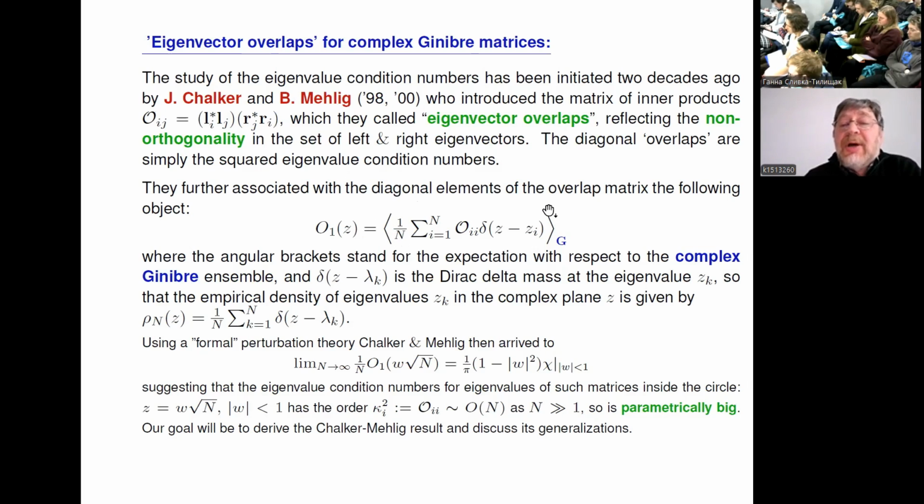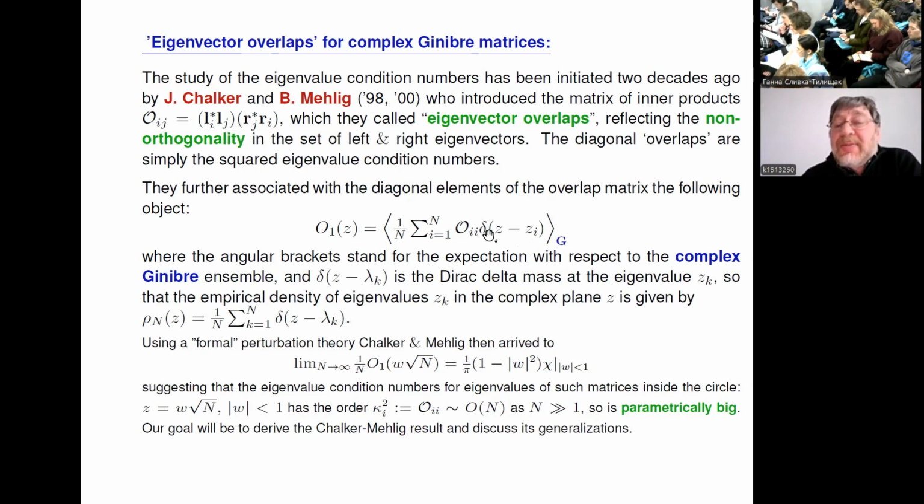In my lectures, I will use the following notation for taking expectation with respect to the complex Ginibre ensemble. I will use these brackets. So if you see brackets, it just means averaging over the complex Ginibre measure. And now the object of interest is basically a certain moment of these eigenvalue overlaps weighted with a delta function.